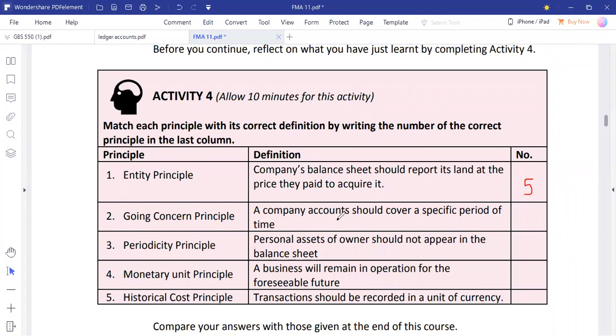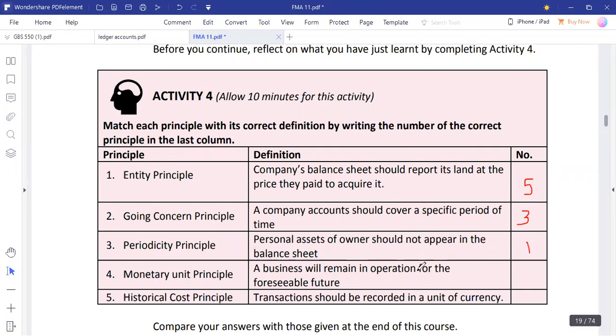Then a company should cover a specific period of time. What principle are we talking about? Periodicity. Periodicity, correct. Personal assets of the owner should not appear in the balance sheet. Entity principle. Yes, you need to separate the affairs.